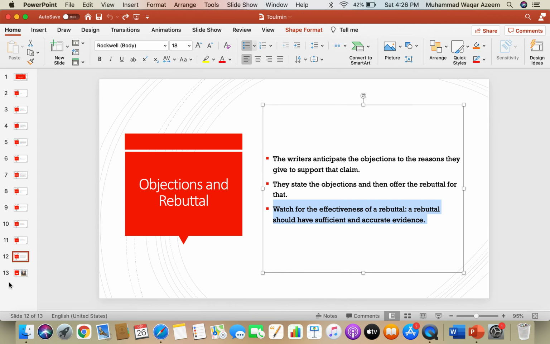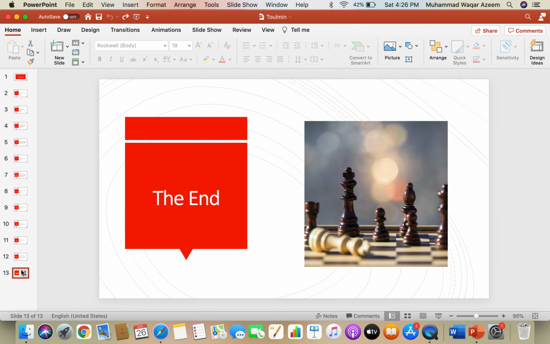And finally, for the evidence, once again, you should see if the evidence is reliable, accurate, and credible. And finally, watch for the rebuttals that the authors give for the anticipated questions. You should check if those rebuttals are reliable and whether they have sufficient and accurate evidence in them. So this is the presentation about the Toulmin method.